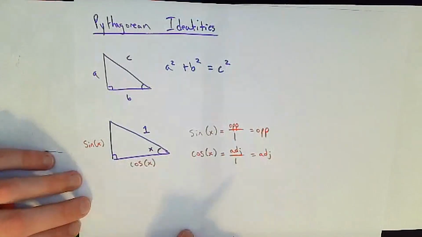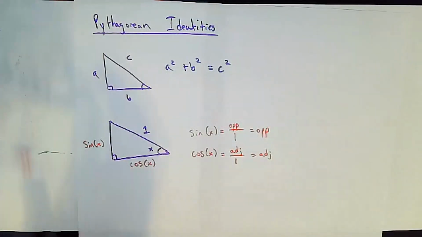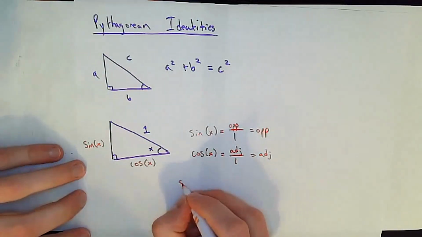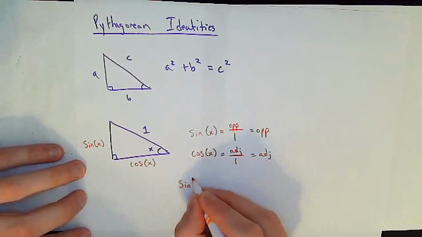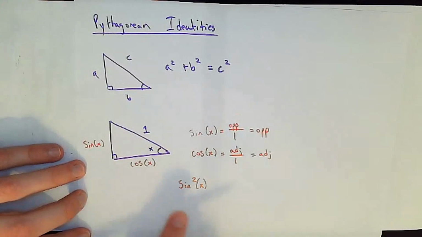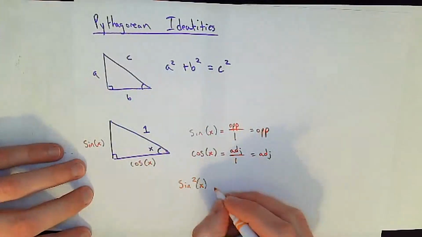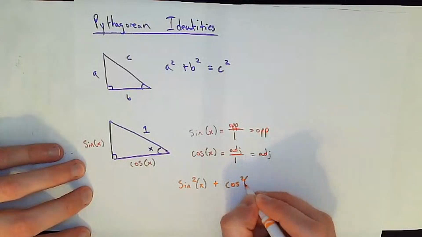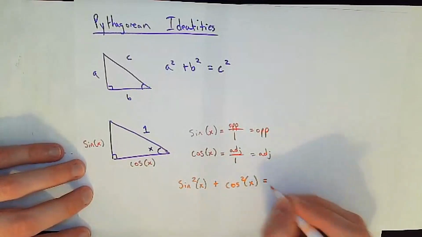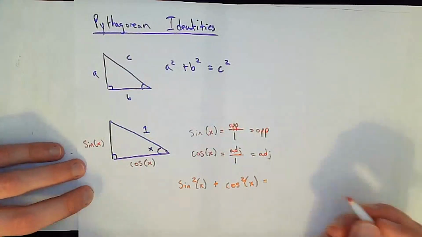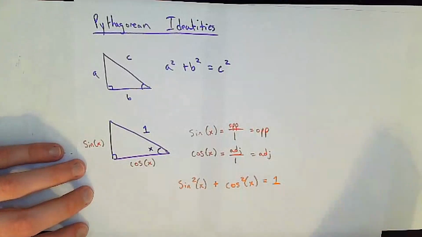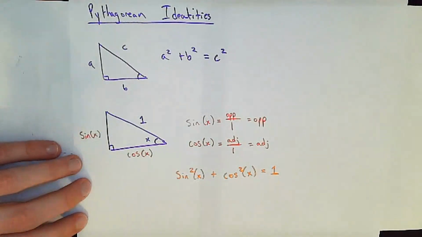Now, can you write the Pythagorean theorem in terms of these legs? Yeah. How do I write it? Sine squared of x, that's leg 1 squared, plus cosine squared of x is equal to hypotenuse squared, but what's 1 squared? Just 1. There's the classic Pythagorean theorem.